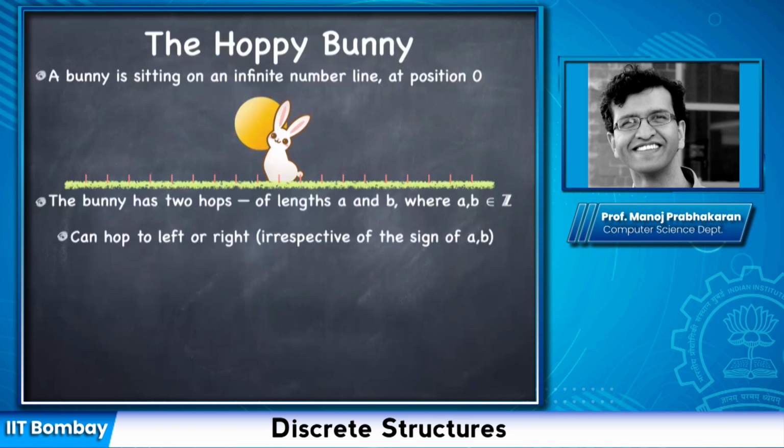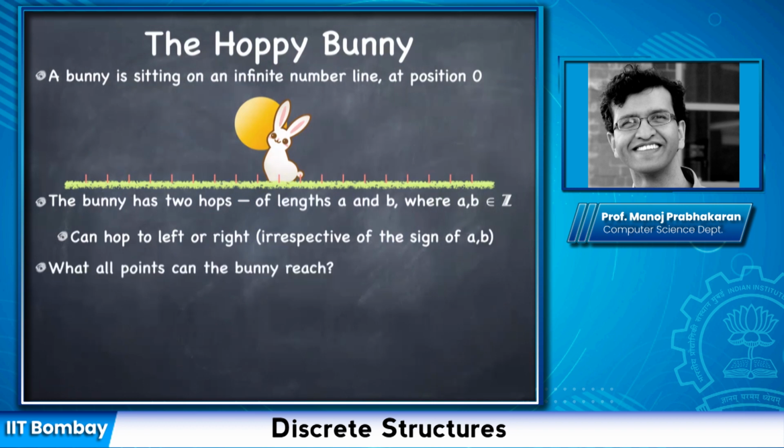So for instance, let's pretend a and b are positive, then negative jumps. It can do something like, say, -3 times a. 3 times a would be 3 jumps to the right, and -3 times a would be 3 jumps to the left, 3 of the short jumps, let's say.